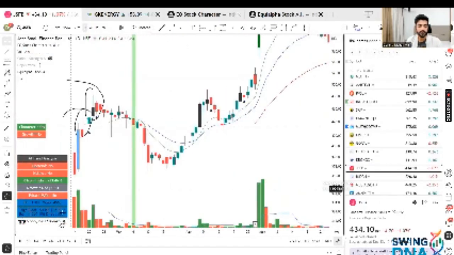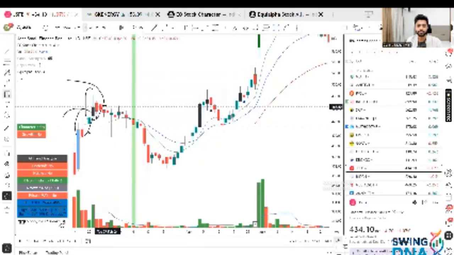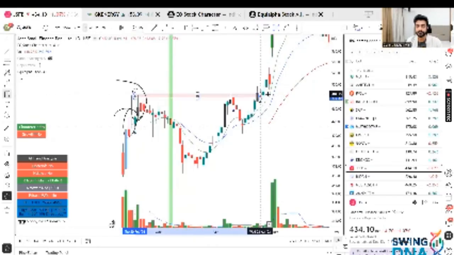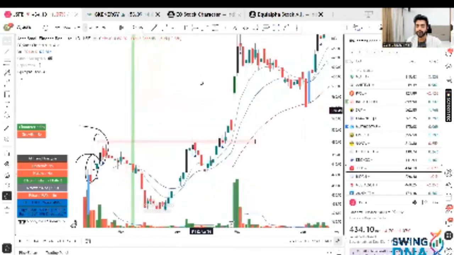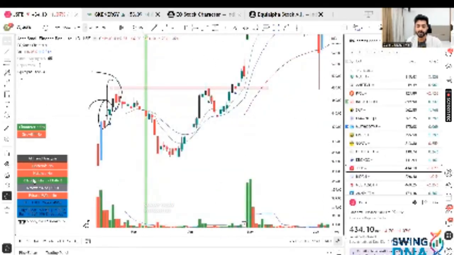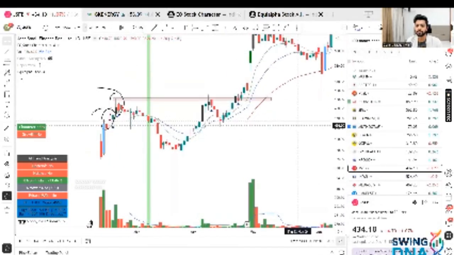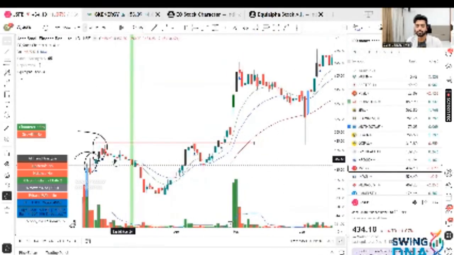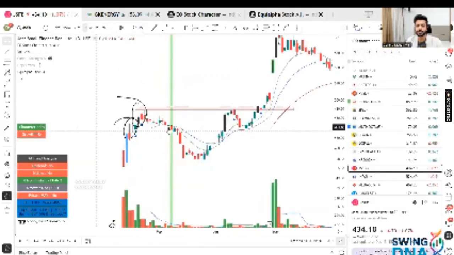Eventually it gave a good breakout up here, and then it worked after the initial phase. But it took time. After the initial volatility, it took time to set up a base and then moved.